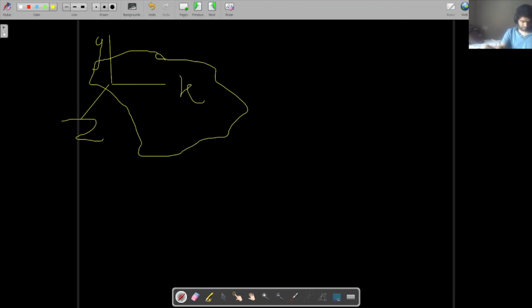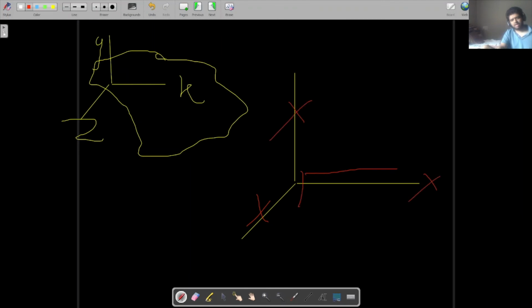But if the motion is only in one dimension, and these two perpendicular directions are restricted, and it is moving only along the x direction, then the equation will change.